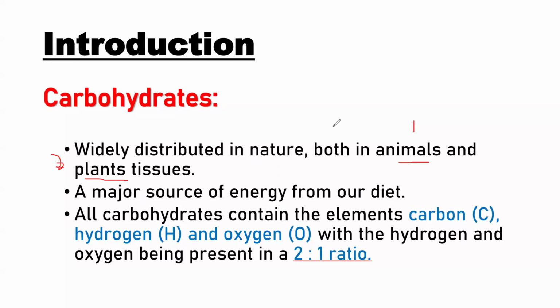Every living organism that exists on Earth has carbohydrate. It is just plant and animals here because in the olden classification, we only had plant and animals. So that is why we said it is widely distributed in nature, both in plant and animals. It's also found in other organisms that are found on Earth.